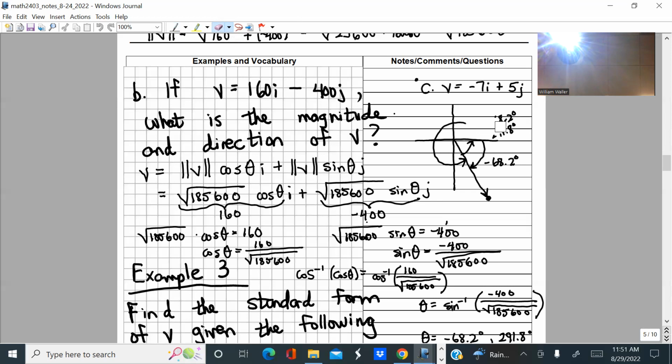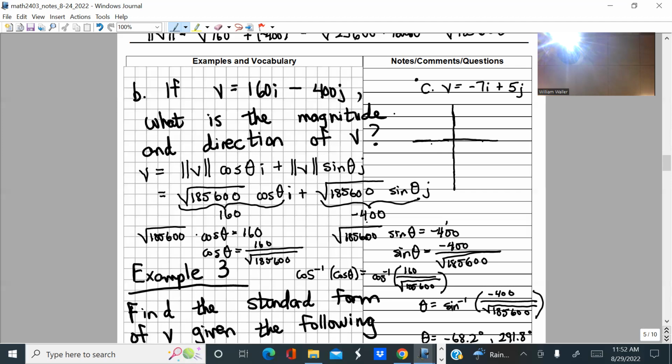Let me erase this picture from last time, and we'll reuse this set of axes. You don't need a perfectly accurate picture to help you understand the problem.